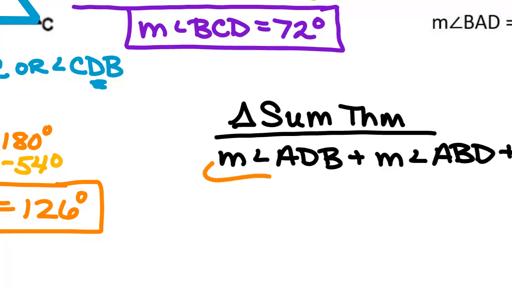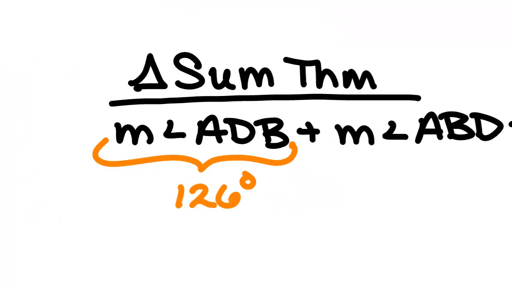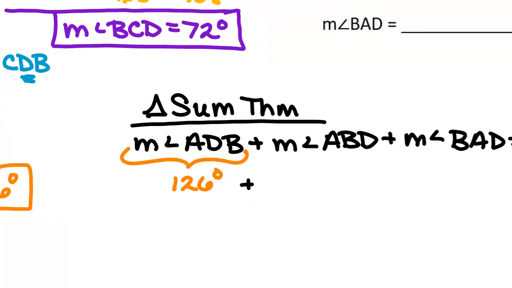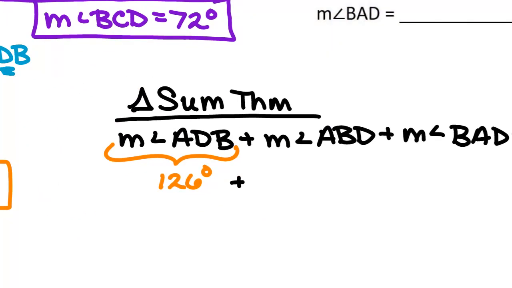Angle ADB is how big again? 126. So I have 126 degrees plus, do we know how big angle ABD is? No, so we're going to let x represent that. If I'm working on a problem and x is already being used somewhere, pick a different letter. Pick y if it's not being used. Pick z if it's not being used.